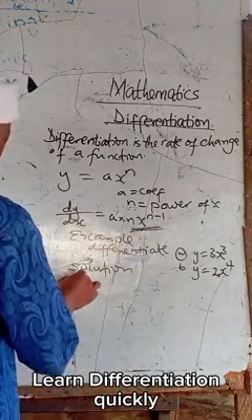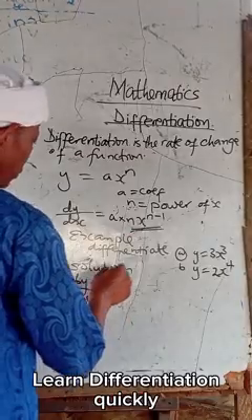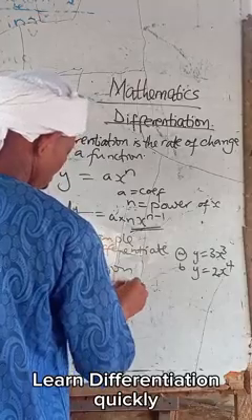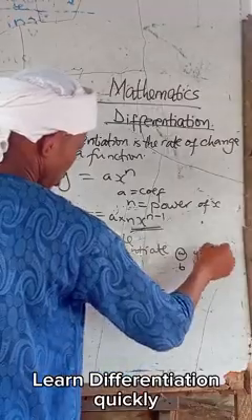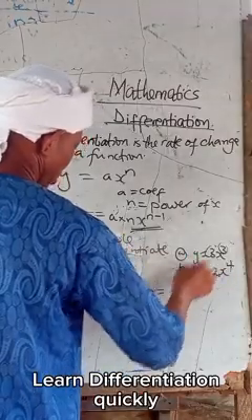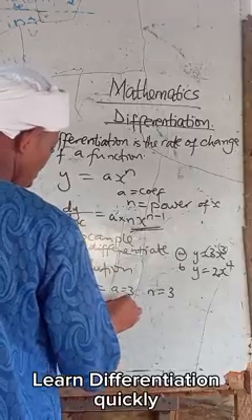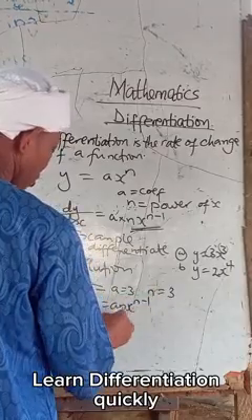n minus 1. So our dy dx will now be our a. For here our a is equal to 3, while our n also equals 3. Now I will have a n x raised to the power n minus 1.